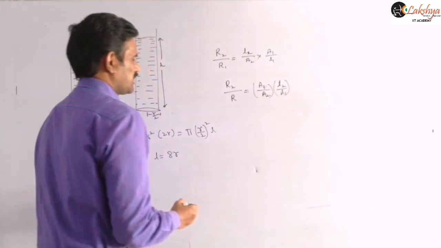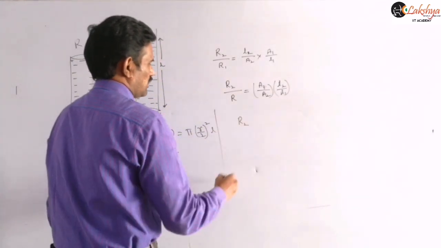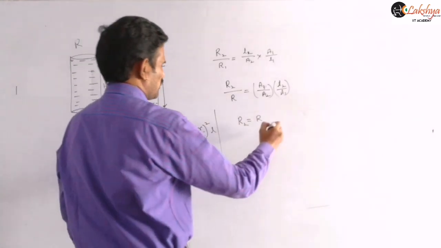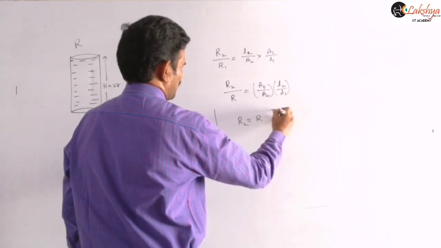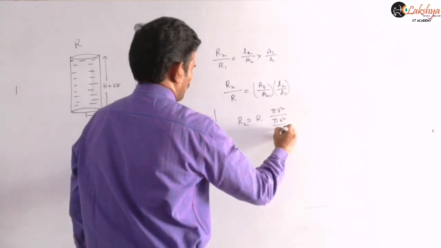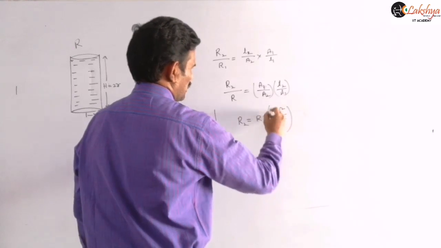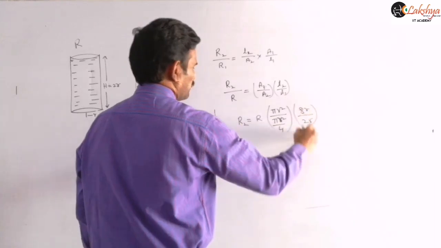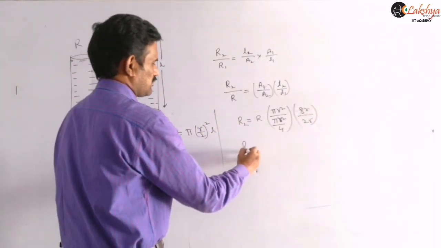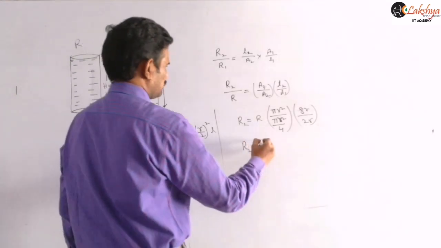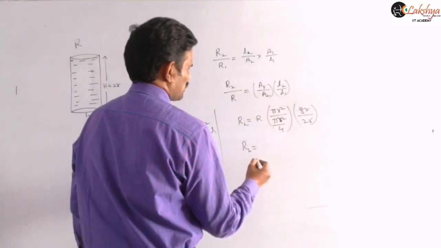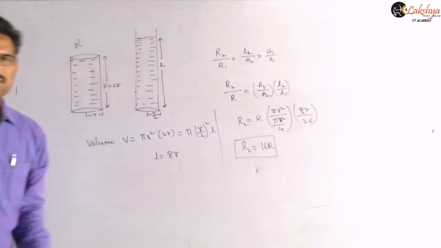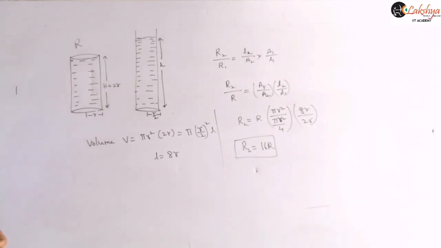Length is a direct ratio and the area of cross section is an inverse ratio. A1 by A2 is pi r square by pi r square by 4, and L2 by L1 is 8r by 2r, so R2 is equal to 16R. The resistance is increasing by 16 times.